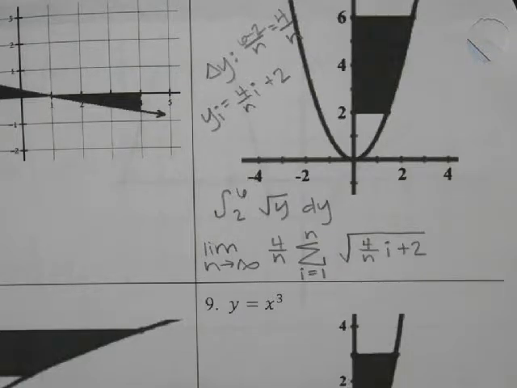Could you put brackets around that, or is it just not necessary? It's not necessary because the square root is a grouping symbol already. If you want to put brackets, you are not wrong. The brackets are a grouping symbol as well. Okay.